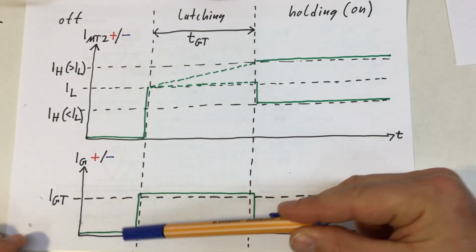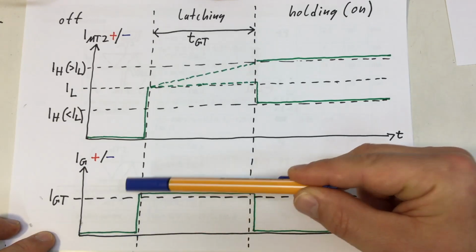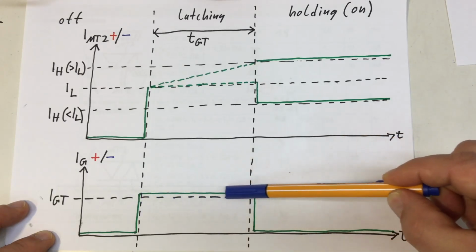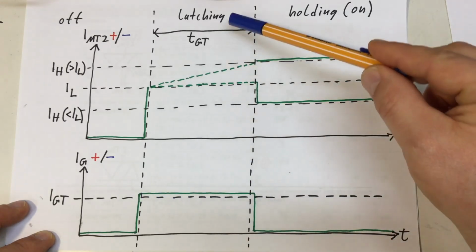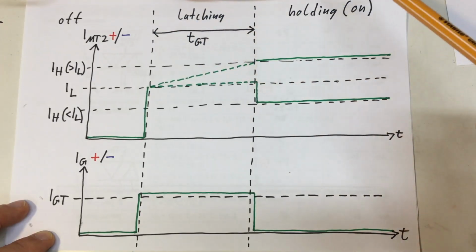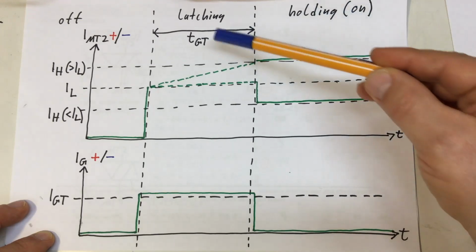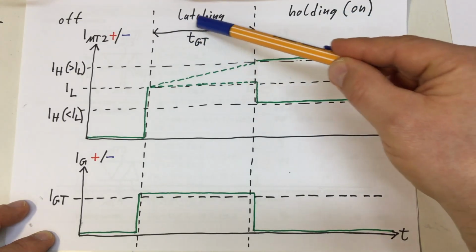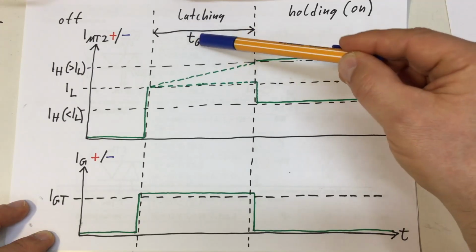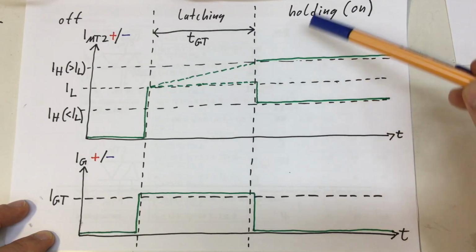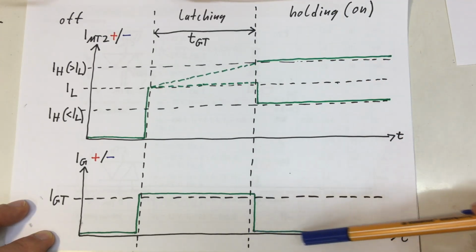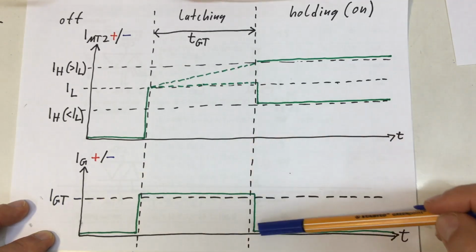So at some point, we have to apply that gate trigger current, and we have to keep it for a certain time until the whole thing is latched into the on state and holding. And this is the next parameter we will look at. That is the gating time. And afterwards, if it's holding, we don't need to apply the gate current anymore.